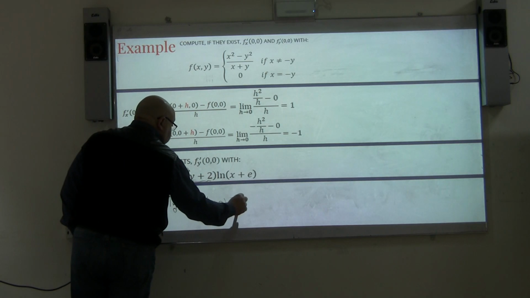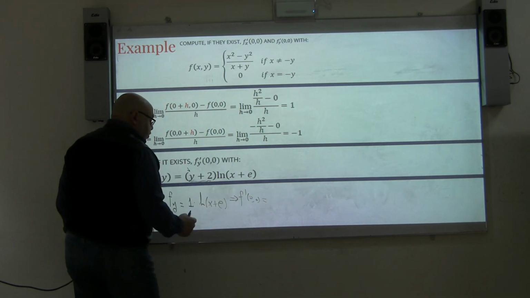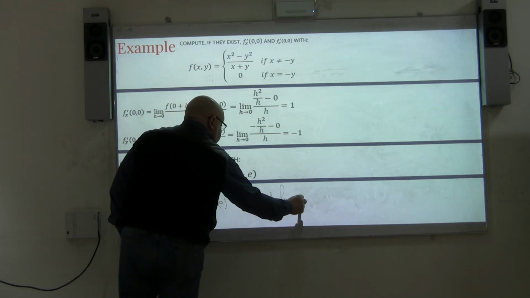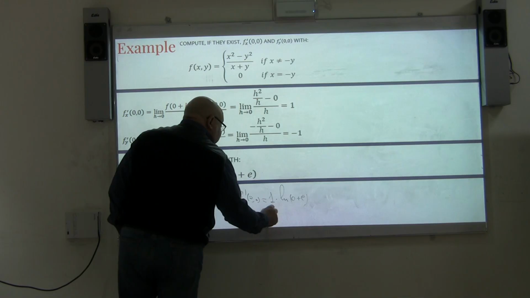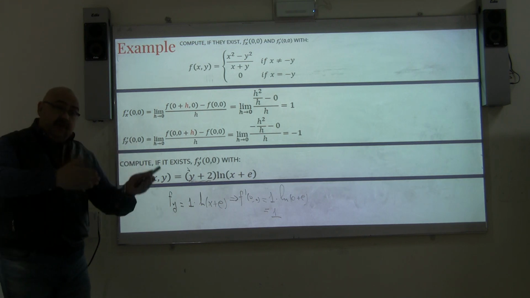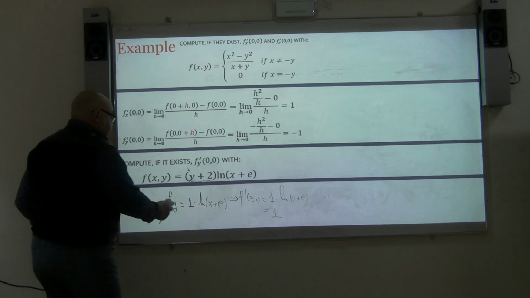So start substituting: it will be 1 times ln 0 plus e. And as you know, ln e is equal to 1. So the result is equal to positive 1. So I made the derivative first, then I made the substitution with the origin, as you can see.